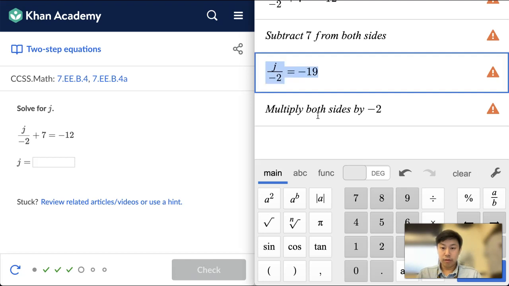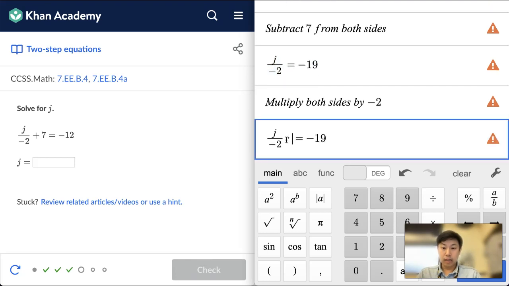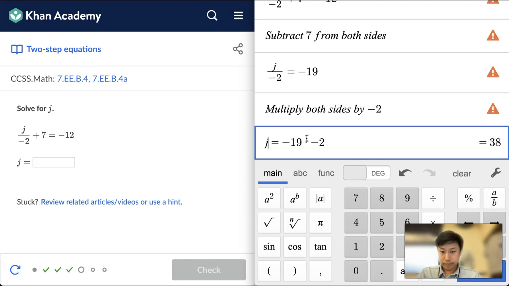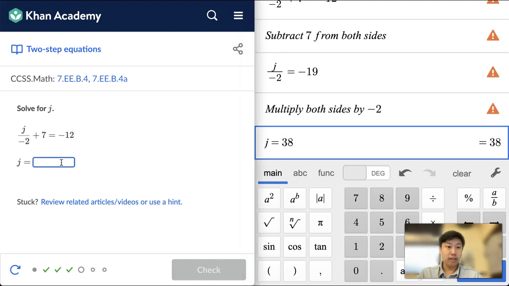Okay, that will look like this. Times negative 2, times negative 2. If I do that, some number divided by negative 2 times negative 2 goes away. Okay, and then be careful here. Negative times a negative is a positive. 19 times 2, 38. Okay, so we actually end up getting a positive 38.